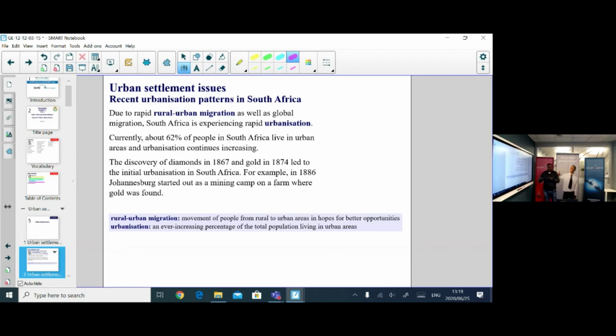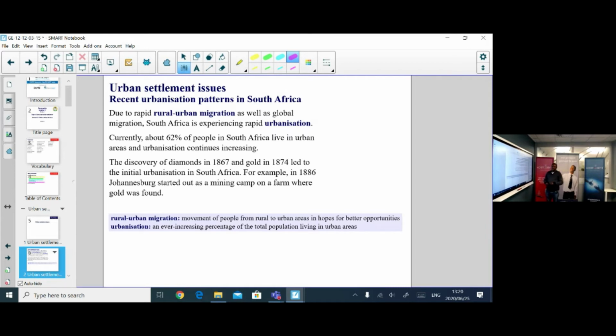And why are they moving to the urban areas? It's because they are no longer obliged or forced by law to stay in the Bantustans, or the homelands, as they were later called. During apartheid, Black Africans were forced to live in the Bantustans, in their homelands like Transkei, Ciskei, and Zulu, and they were not allowed by law to migrate to cities unless they were offered employment.